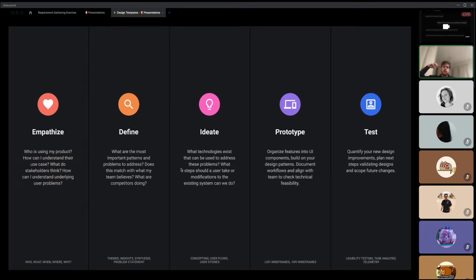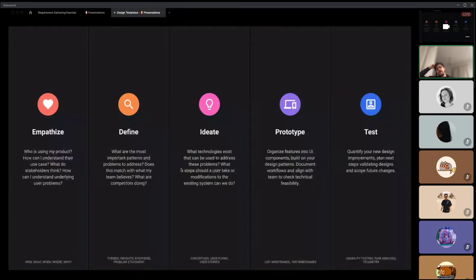So how do I define what are the most important patterns that I'm trying to solve for? And how do I start building artifacts that we can have conversations around, such as user journey maps, personas, empathy maps, those kinds of things. And finally, what are competitors doing in the same space to try to do something about it?